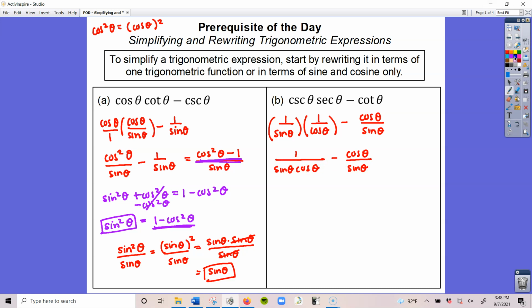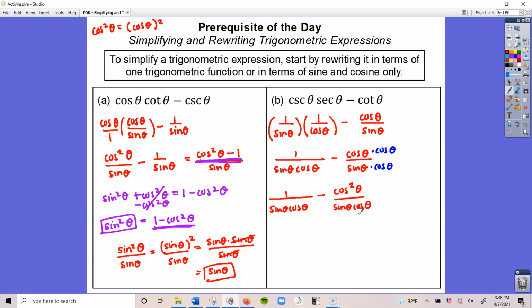So I'm going to take this fraction here and multiply the denominator by cosine as well as the numerator by cosine. So let's rewrite this now. This is 1 over sine theta cosine theta minus cosine times cosine, which is cosine squared theta, over sine theta cosine theta.